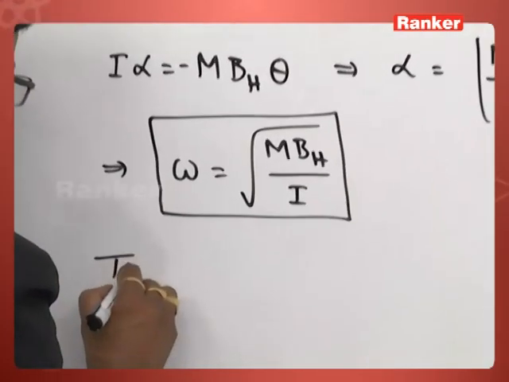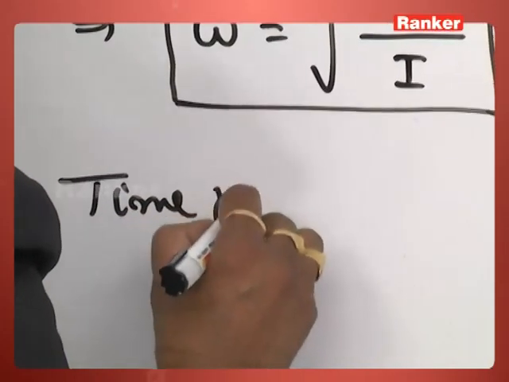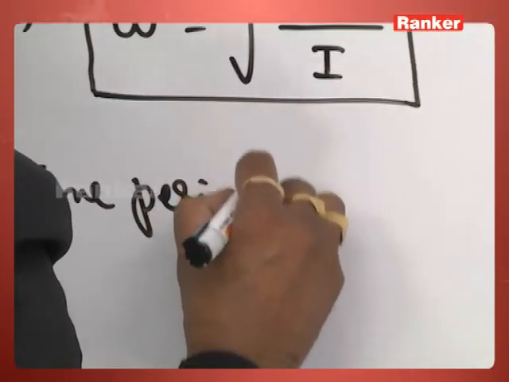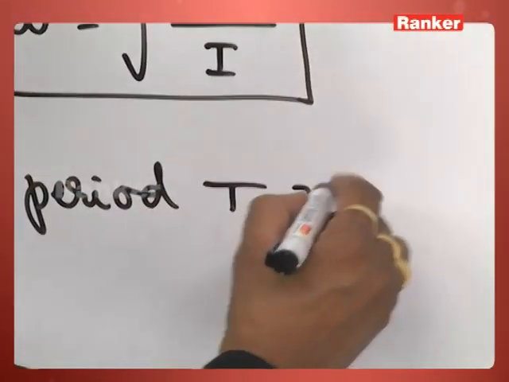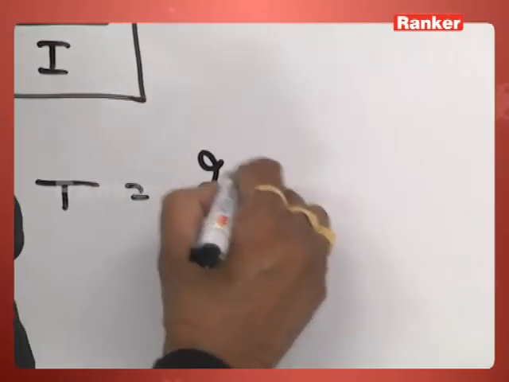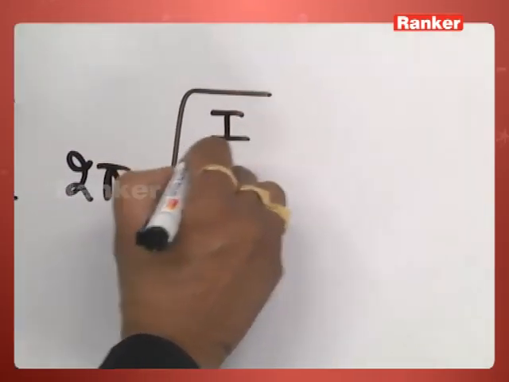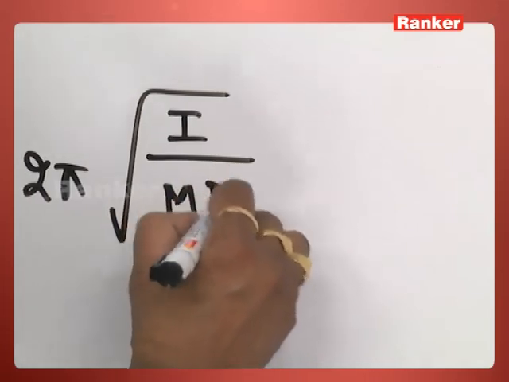Similarly, what would be its time period? The time period T becomes 2 pi under root I by MBH.